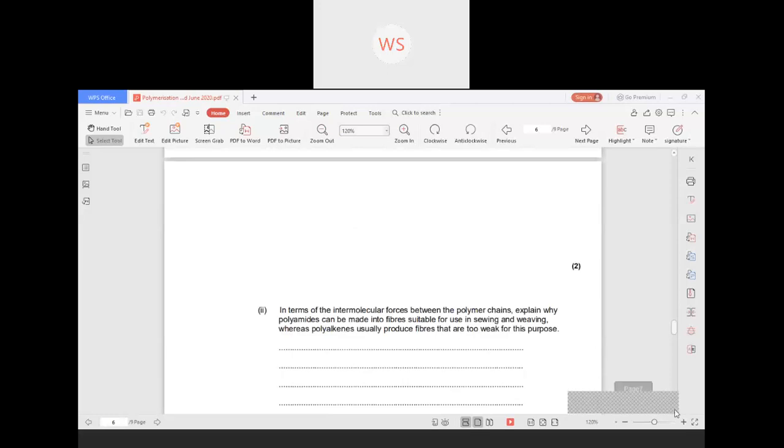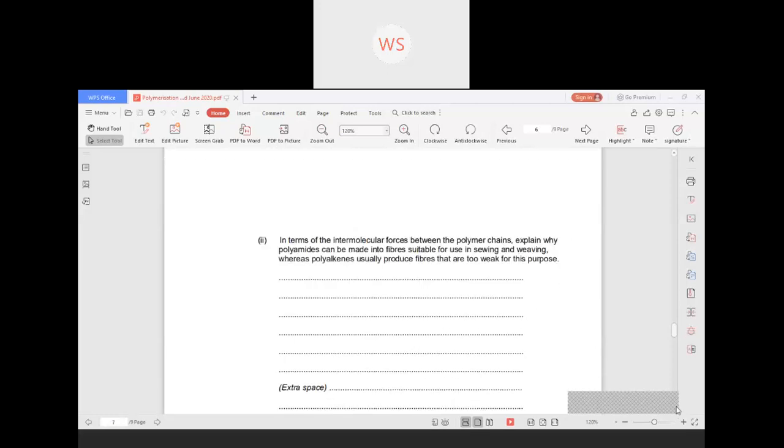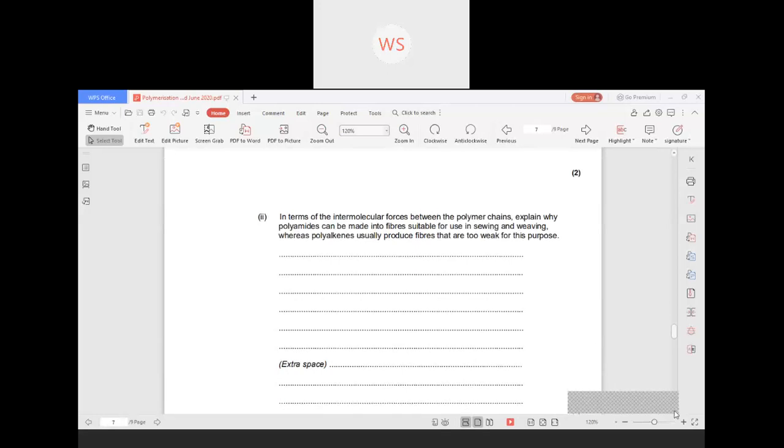And then in terms of the molecular formula, polyamide is used in sewing, while polyalkenes usually produce fibers that are too weak for this purpose. What are the intermolecular forces between polyalkenes?